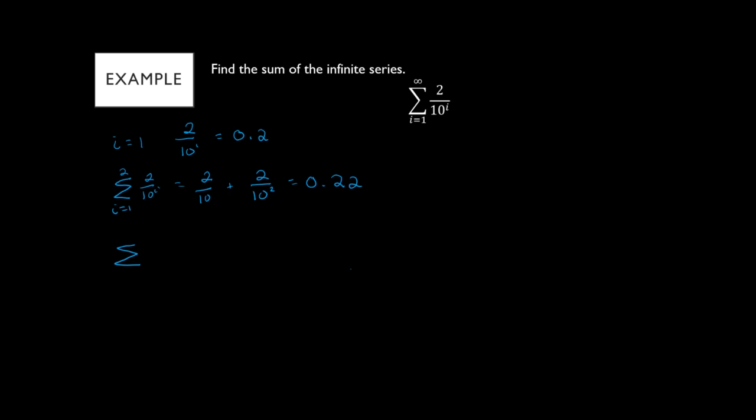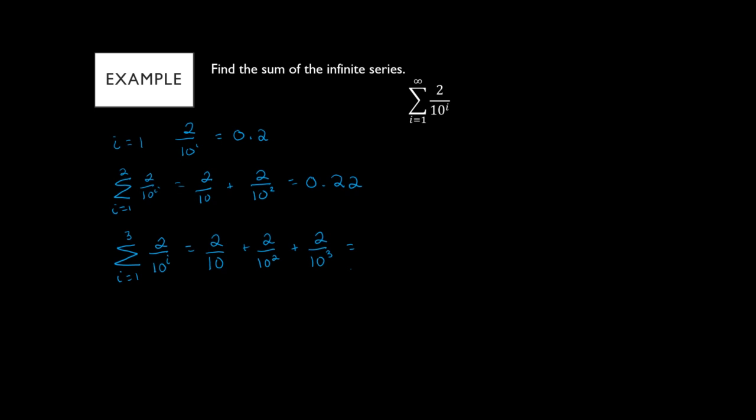So now we'll try adding up the first 3 terms to see what happens. We're still adding up 2 over 10 to the i, but now we want the first 3 terms. So we've got 2 over 10 plus 2 over 10 squared plus 2 over 10 to the 3rd power.